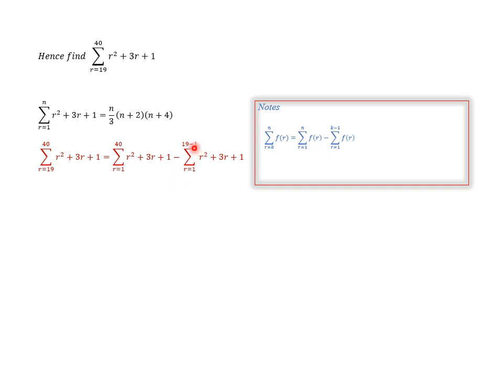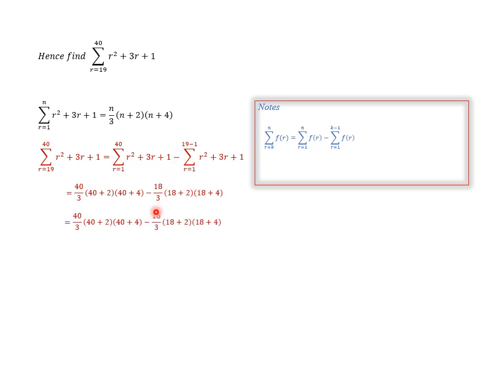If we put 40, it's going to be 40 over 3 in place of n, 40 plus 2, then 40 plus 4, minus 18 over 3, then 18 plus 2, close brackets, then 18 plus 4. Here we are putting 40 in the first summation, and here we are putting 18.